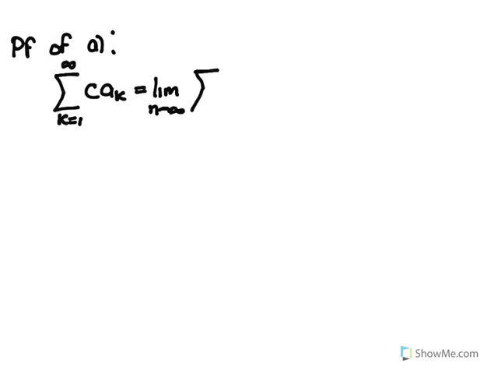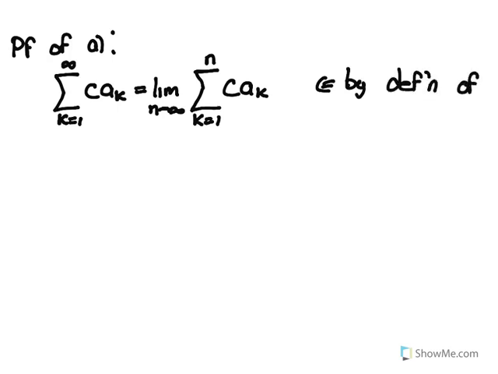And the partial sum here I'll write in sigma notation, so it's the sum from k equals 1 to n of c a_k. And this is the definition of series convergence.